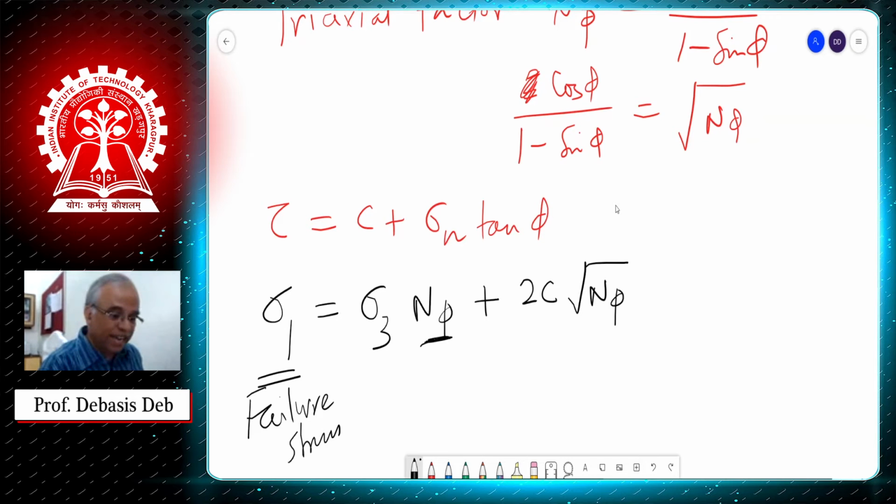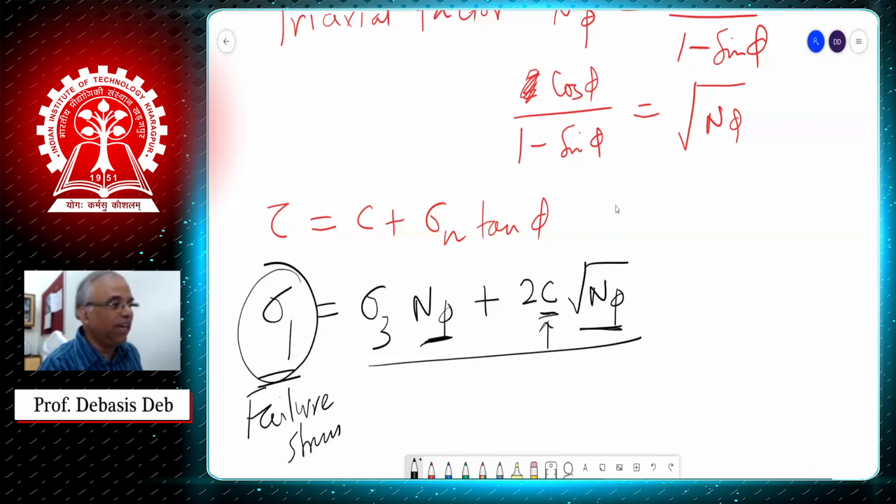And here also you see the cohesion is multiplied with the frictional part. So you can see this failure stress is now related to both friction and cohesion. Plus there is a confining stress.